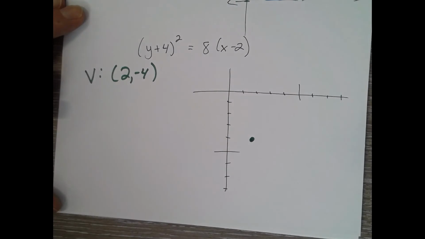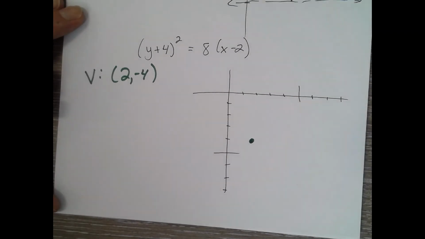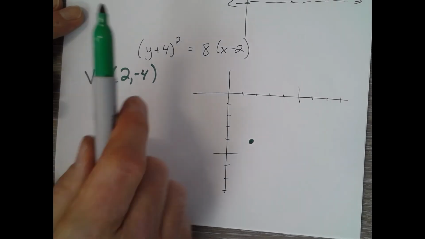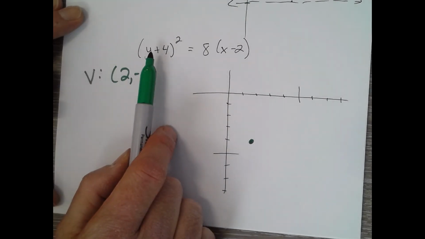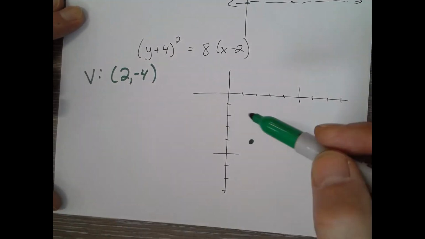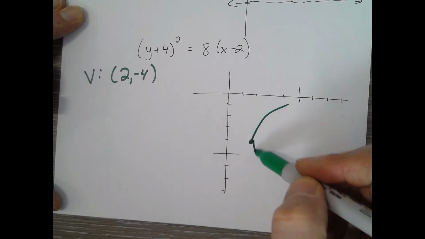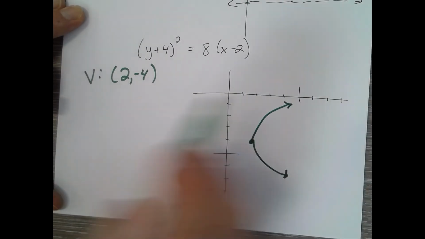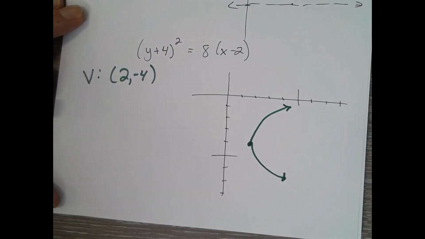Is this opening up or down, left or right? It's right, very good, because I have y being squared, so it either opens up or left or right. And since p is positive, it's going to open to the right. So already I'm going to do this, just so I don't mess up where my focus and my directrix are.